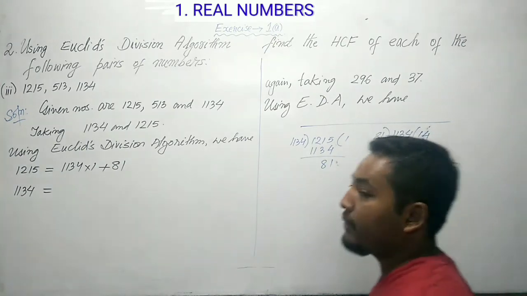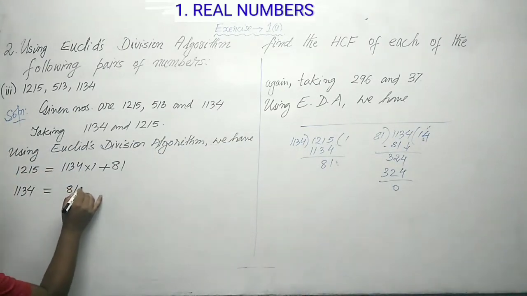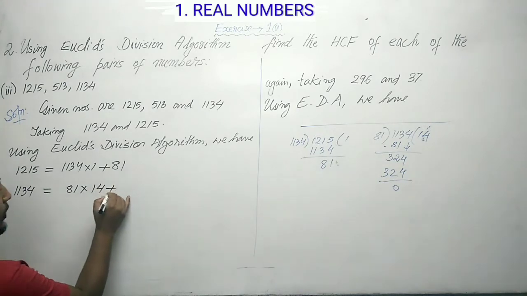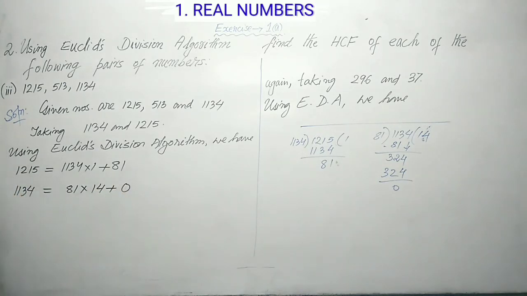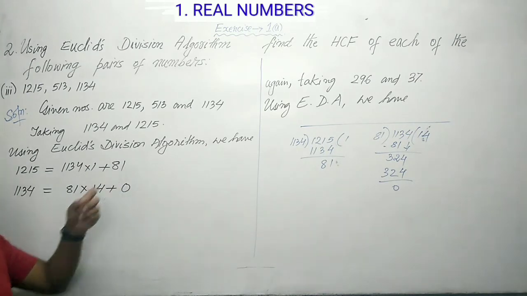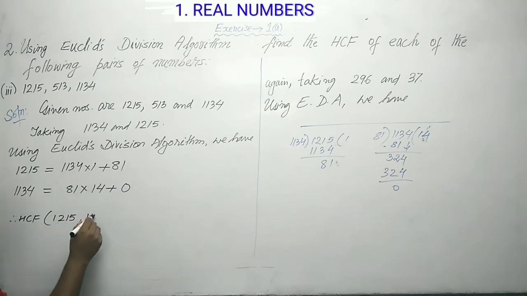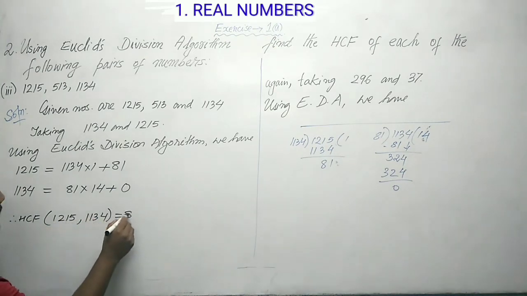So now the remainder becomes 0. You can write down 81 into 14 plus 0. Now in this case, you got the remainder 0. Therefore, the HCF is 81. Therefore, HCF of these two numbers, 1215 and 1134 is 81.